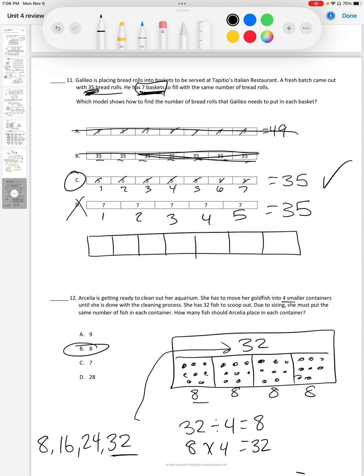All right, that is the end of this review. If you have access to IXL, I would strongly encourage you to work through section, I believe it's U. That is division. You'll be able to see on there, it'll say division. The bottom option in that section is going to be division word problems.